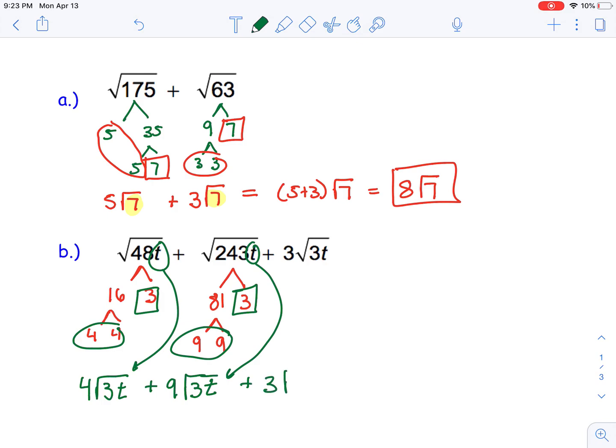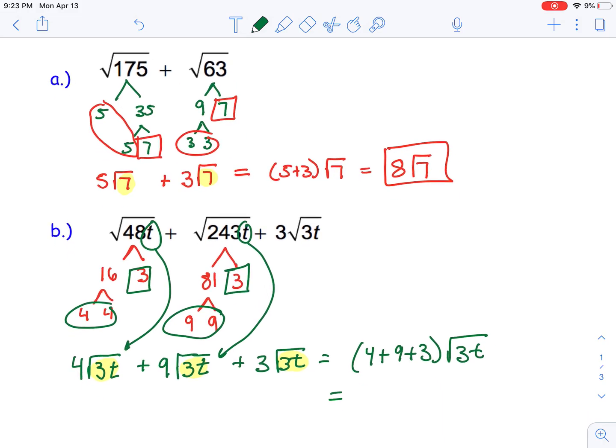And then 3 radical 3t can't be simplified. These all have 3t under the radical, so I can simplify it as 4 plus 9 plus 3 times radical 3t, which gives me a final answer of 16 radical 3t.